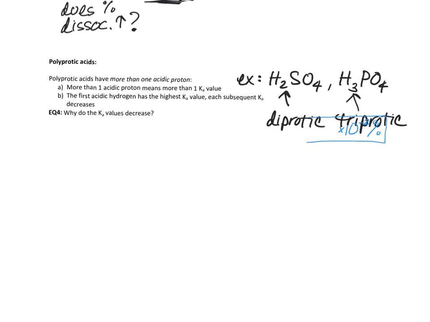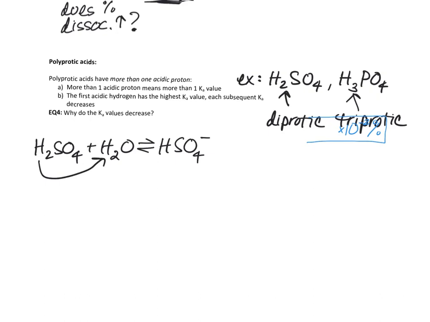Part B, the first acidic hydrogen has the highest Ka value. Each subsequent Ka decreases. Okay, why do Kas decrease? So let's just look at what this means. When I put H2SO4 into water, there are 2 dissociations that happen. The first dissociation is when the first proton is given to water, and I end up with hydrogen sulfate and hydronium.